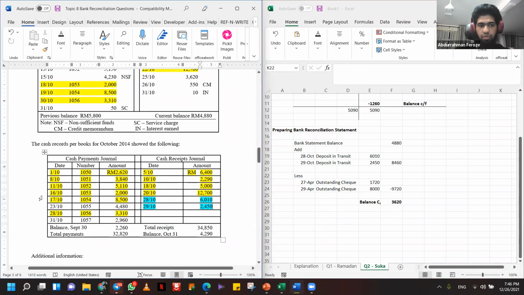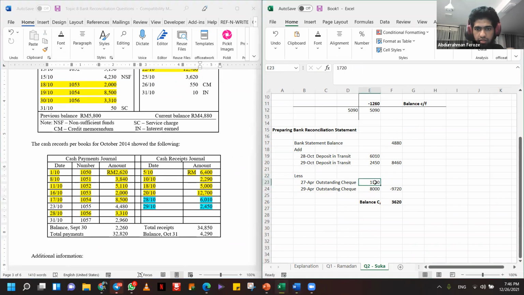All right. And then we have the payments, which are outstanding. We can take outstanding check 1055, 4,480. This is 23rd October. And this one is 31st October, and this is 2,000.